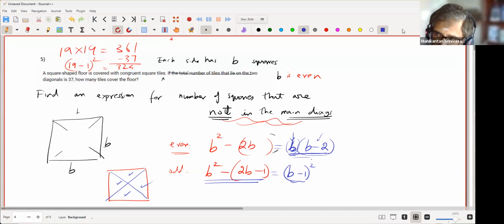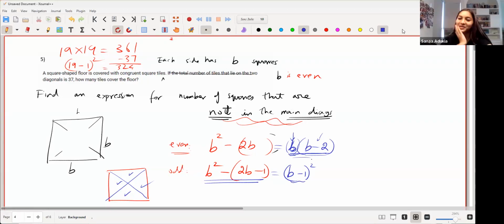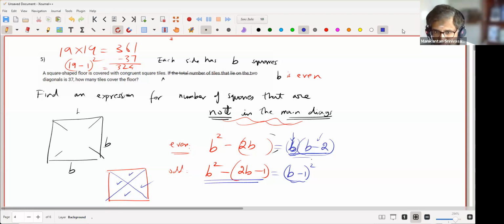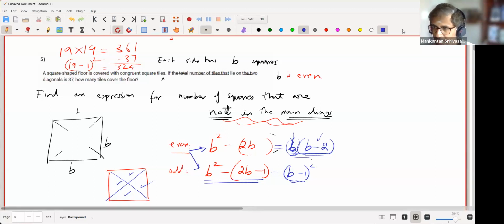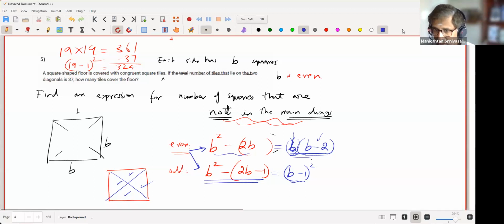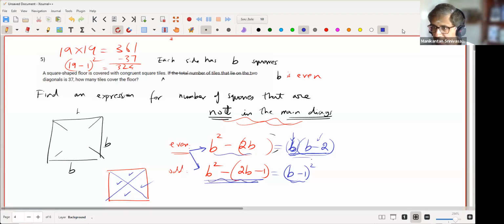Sana, I see you have a disturbed face. What happened? So b has to be even in the even one. So we found two different expressions. If b were even, we got this expression. If b was odd, we got this expression. Now my question was, irrespective of whether b is even or odd, prove that this expression or correspondingly this expression is a multiple of 4. That was the question.